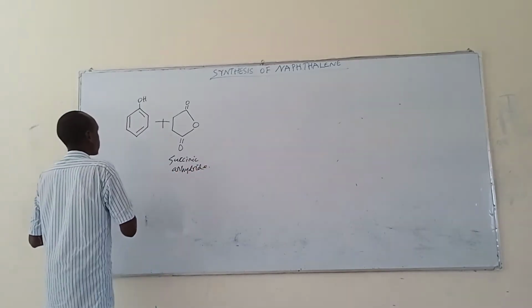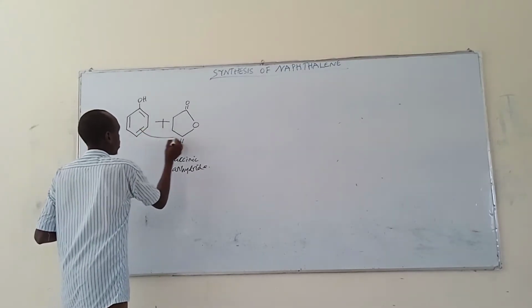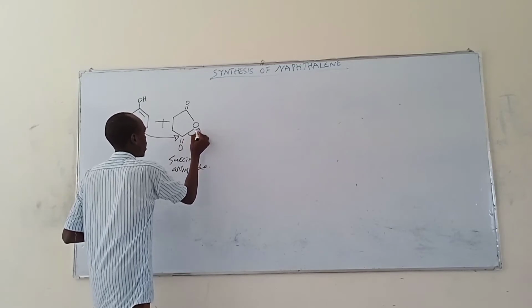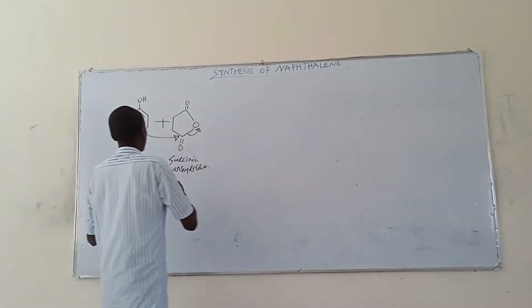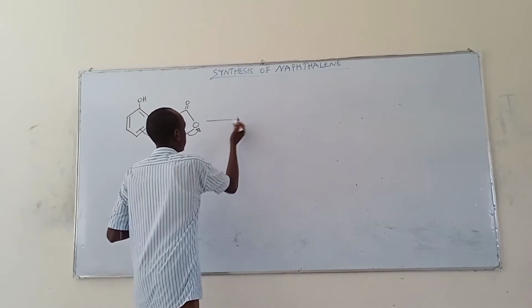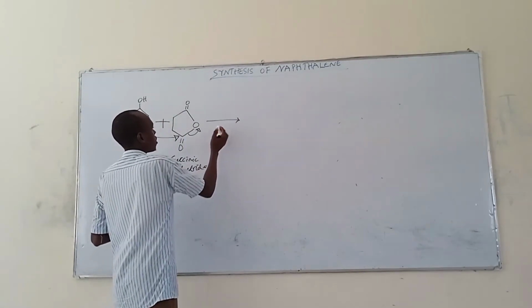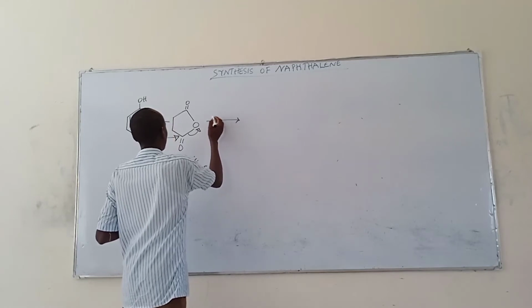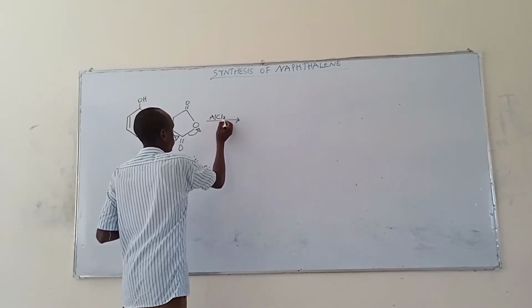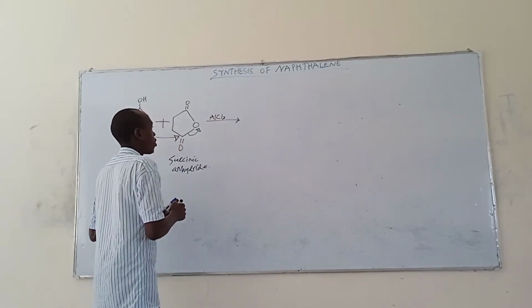This ring shall attack the carbonyl, and then this bond shall open up. This is EAS now, electrophilic aromatic substitution. We shall have aluminum chloride there as our catalyst.